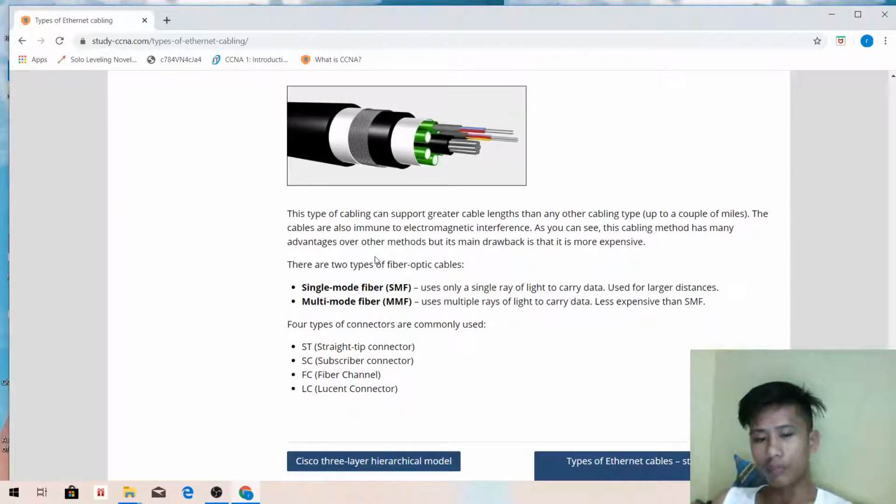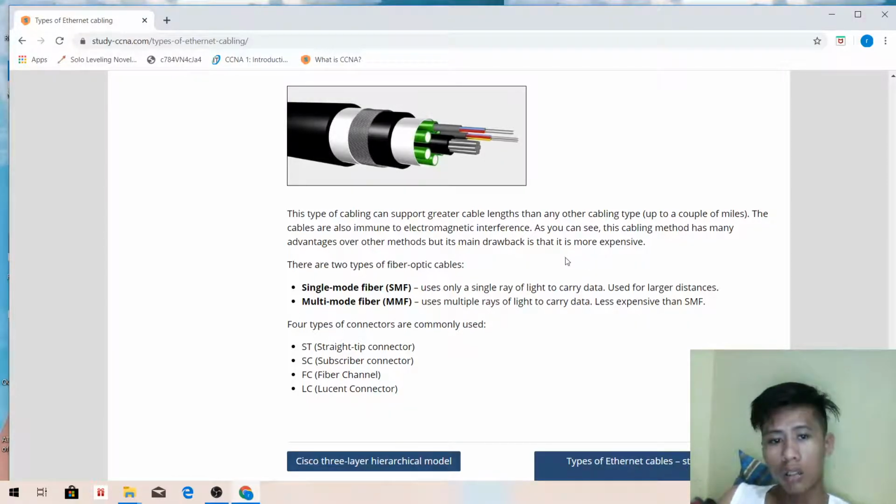This type of cabling can support greater cable lengths than any other cabling types, up to a couple of miles. The cables are also immune to electromagnetic interference. As you can see, this cabling method has many advantages over other methods, but its main drawback is that it is more expensive.